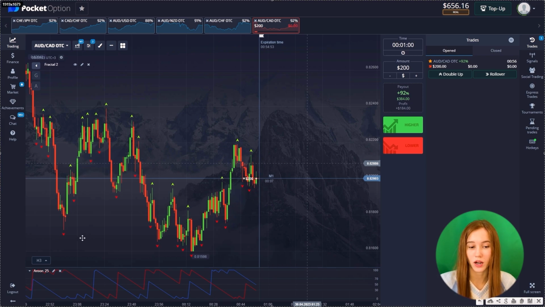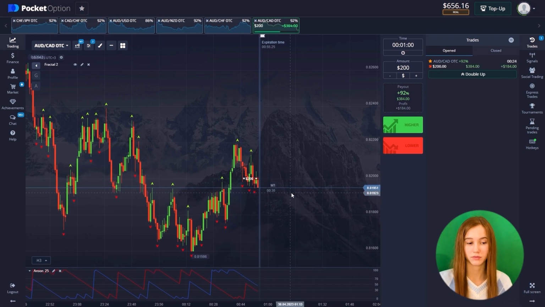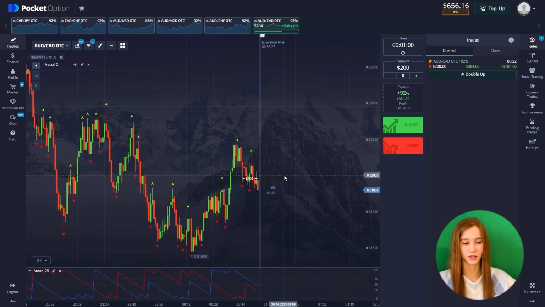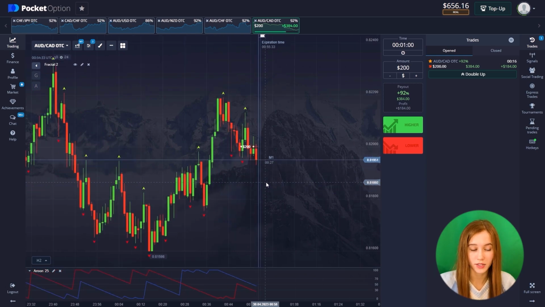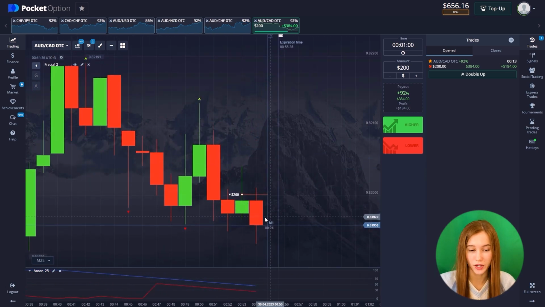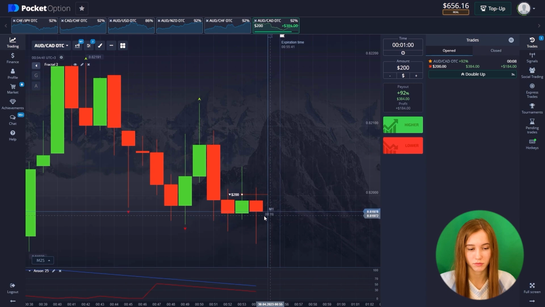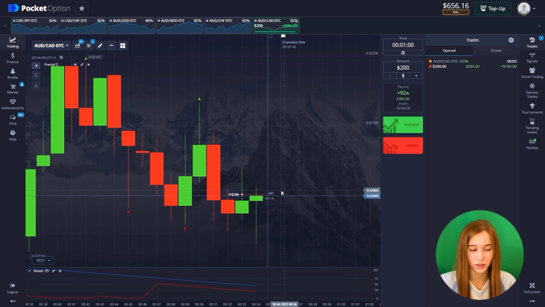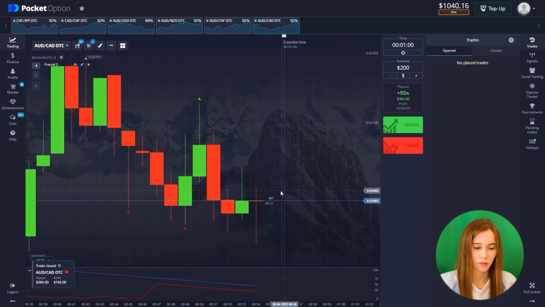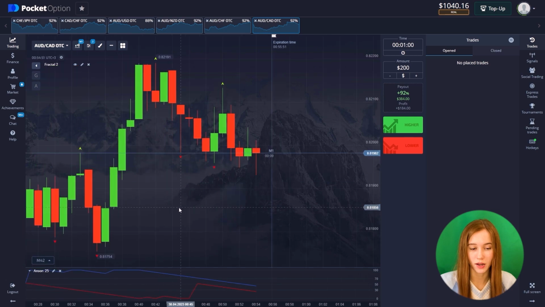In the overall picture, we also have a decline, as you can see by the 2 lines going down. 20 seconds left until the end of the deal. We find ourselves in a state of quite strong drawdown. I hope that this drawdown will remain with you and me. 6 seconds left until the end of the deal. Great. This deal was closed as a plus.